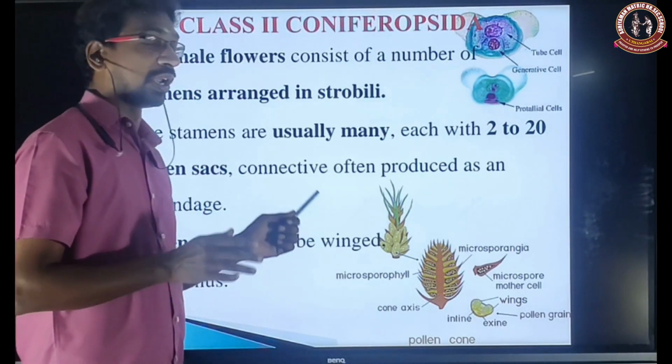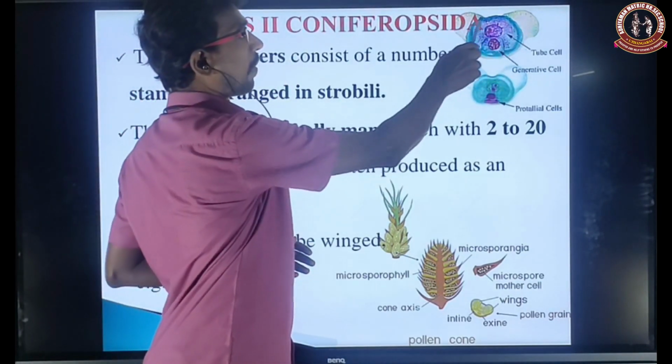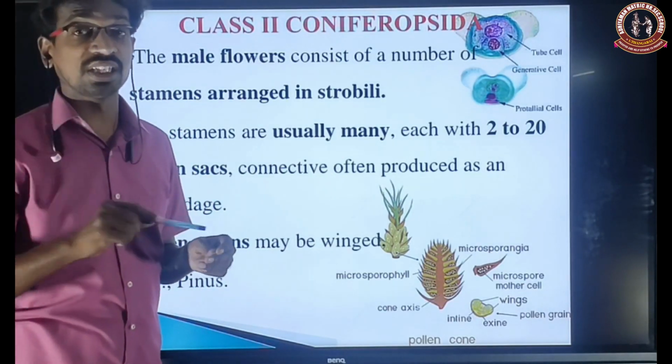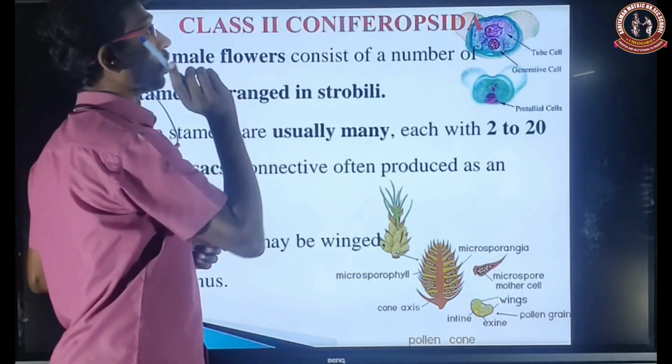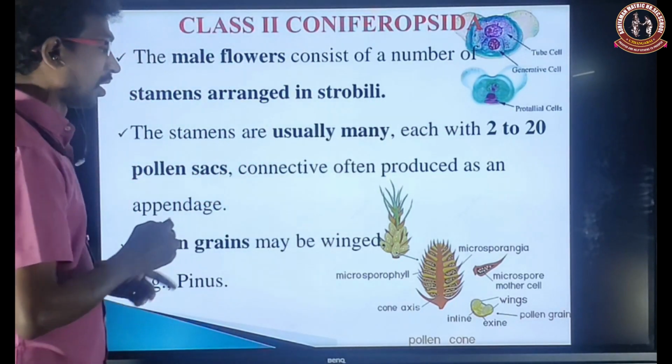The pollen grain may be winged. Mostly in Coniferopsida, wings are present on the pollen grain. The winged pollen grain is a characteristic feature of Class 2 Coniferopsida, especially the Pinus plant.